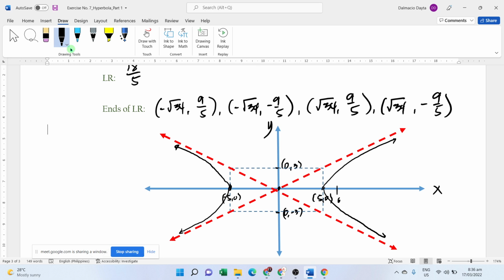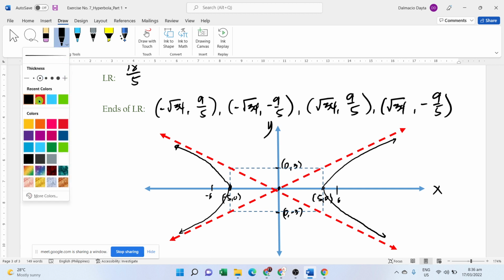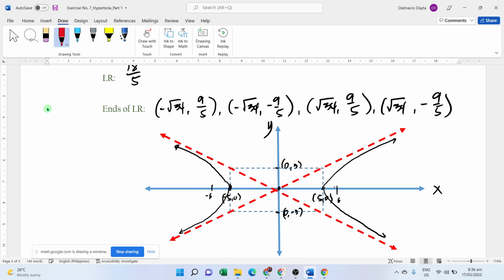If this is negative 5, then this will probably be negative 6. And since square root of 34 is closer to square root of 36 than square root of 25, then you can just estimate that the focus is closer to 6. Na? So, nandyan yung iyong foci.